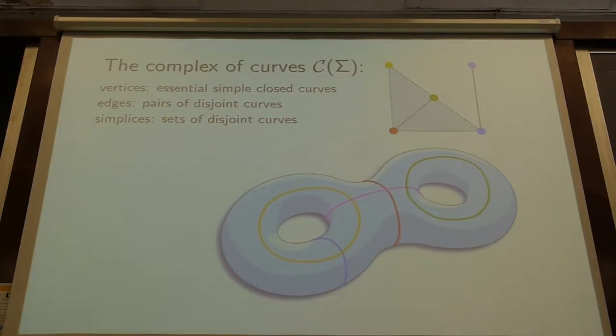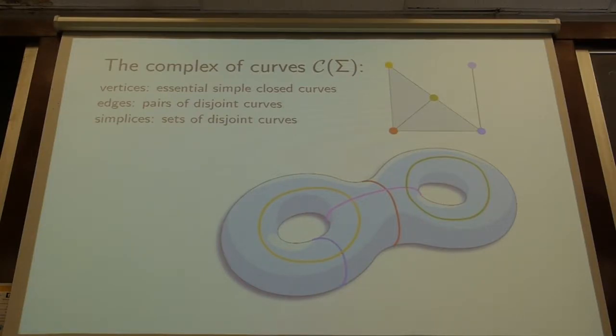Saul gave us the definition of the curve complex, so I don't know if I should spend too much time on this, but just a quick refresher. Vertices are essential simple closed curves. I'm not looking at arcs at this point, just loops. And we connect 2 vertices by an edge if the two loops are disjoint.